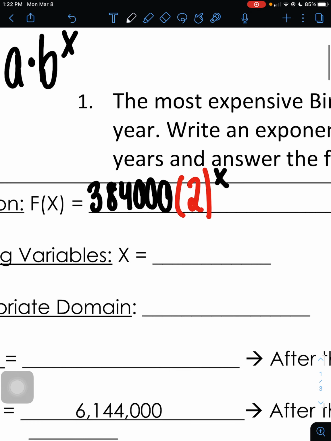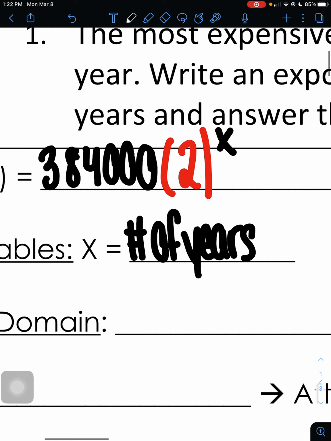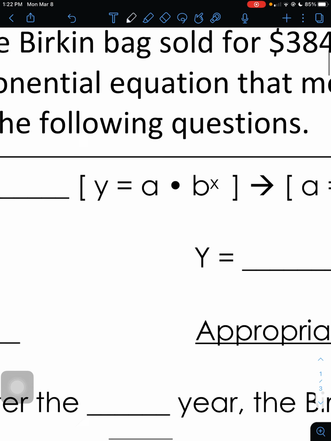So let's go ahead and define our variables. I kind of already said x because I said x amount of years, so I know x represents the number of years. If you want me to figure out how much the bag is going to be worth in 3 years, then I would make x equal to 3. What about 500 years from now? I would make x equal to 500. So x just tells us the number of years.